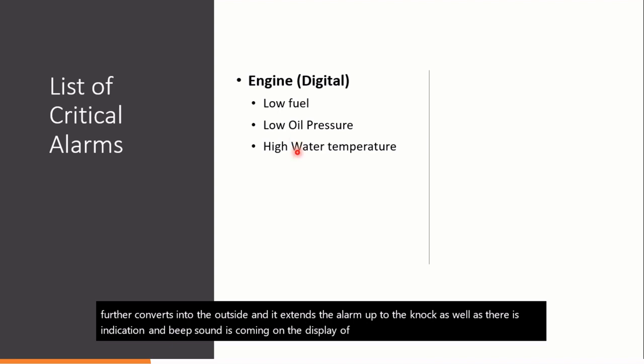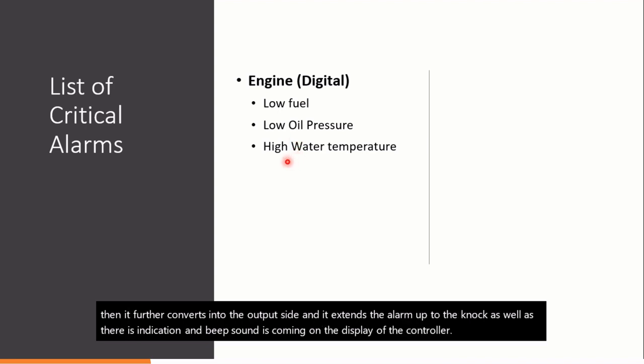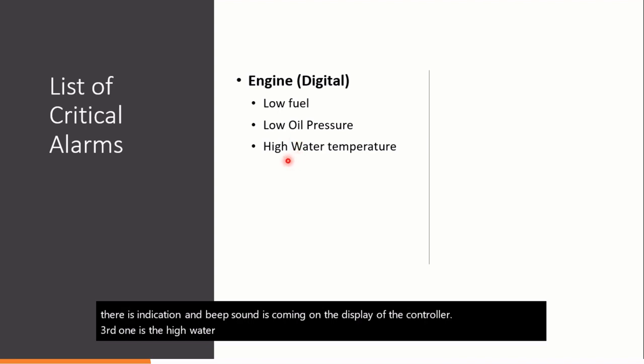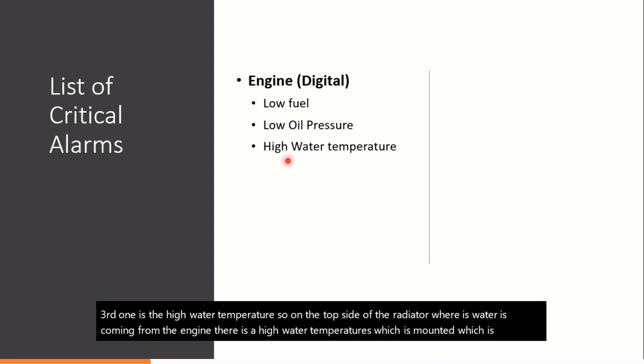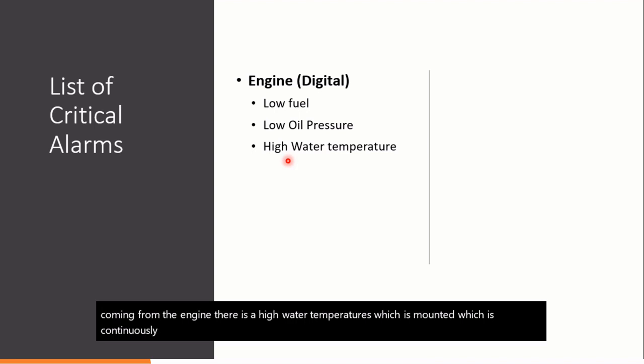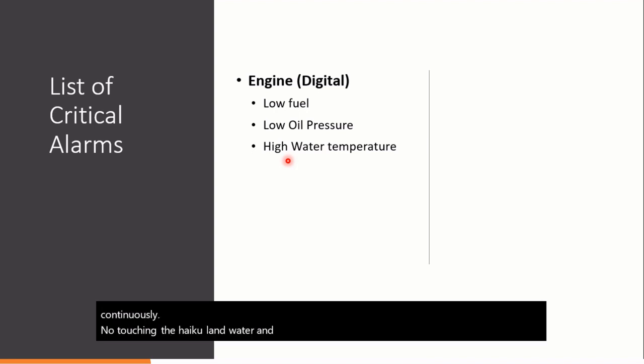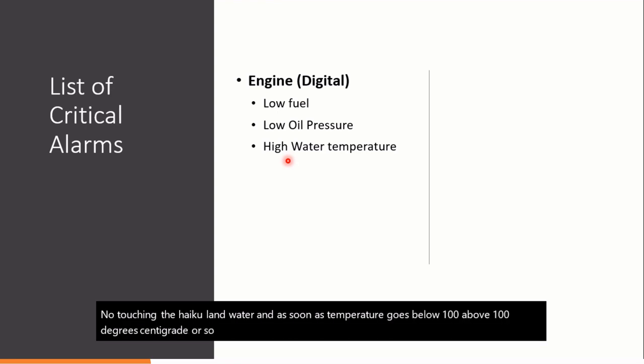The third one is high water temperature. On the top side of the radiator, where water is coming from the engine, a high water temperature switch is mounted, which is continuously touching the hot coolant water, and as soon as the temperature goes above 100 degrees centigrade or so, that switch operates, and we also get a command on the controller side.